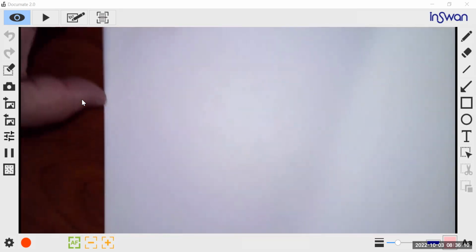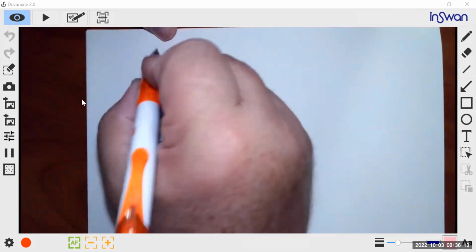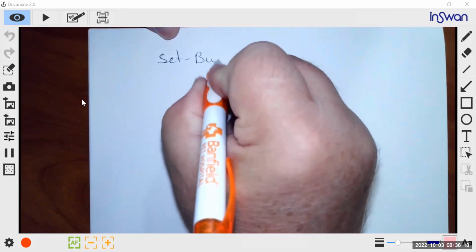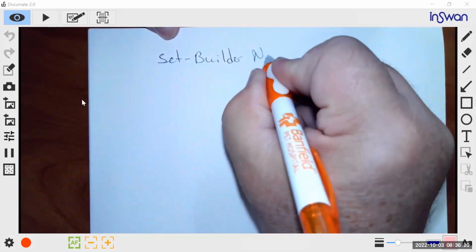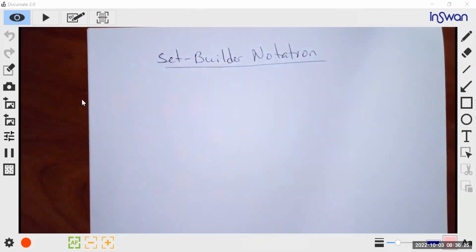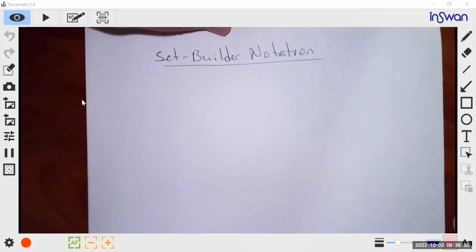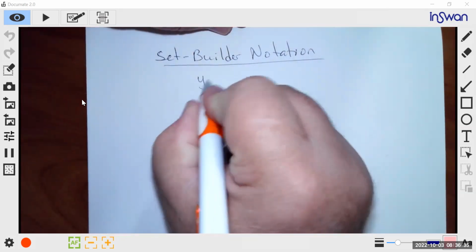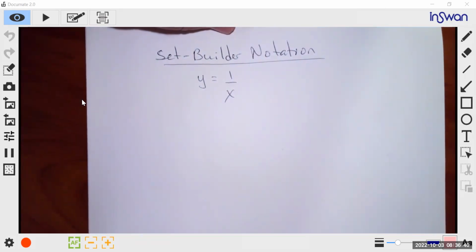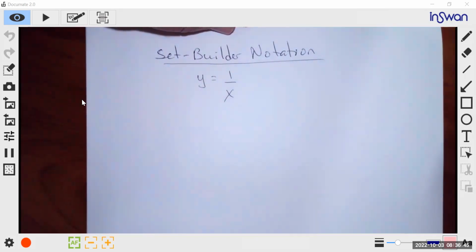When we write equations and numbers, we use something called set builder notation. This defines what your variables are in your equation. For example, if my equation was 1/x, what's the only rule we know about the fractions?